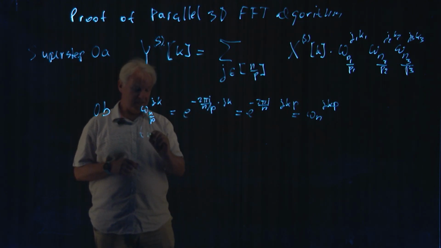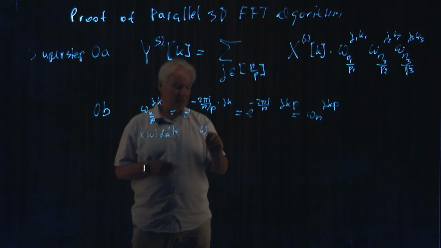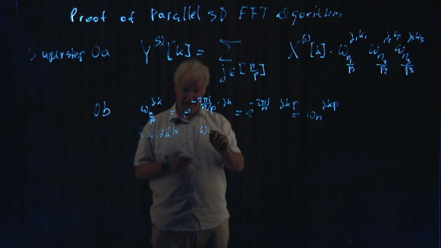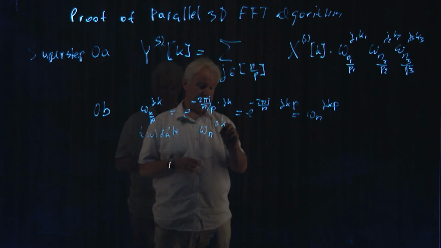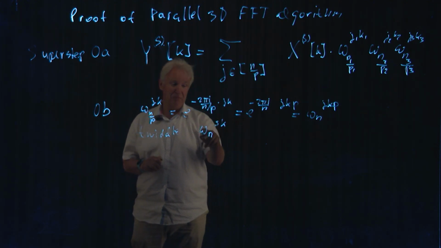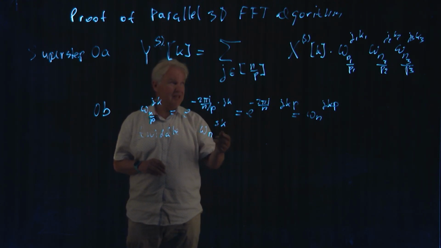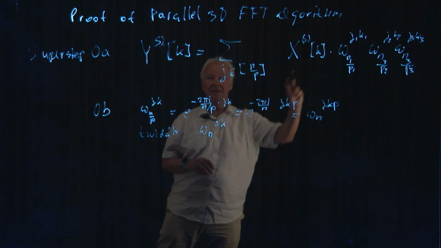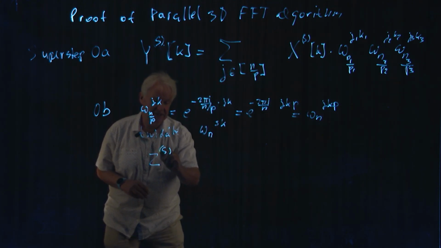And then the twiddle, you multiply by an omega n to the power s k. So the twiddle is multiplying by this omega n1 to the power s1 k1, etc. So this is happening here. And then we get a result, which we will call z_s of k.